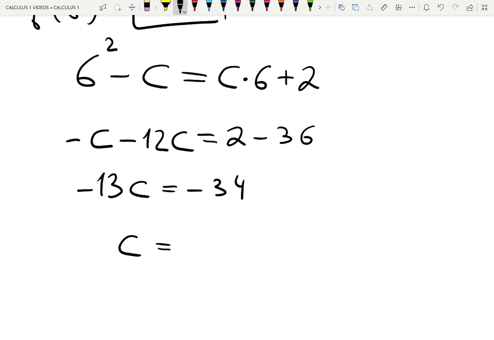Is that correct? I'm checking quickly with my notes. Minus 36. Yeah, it looks correct to me. So it's going to be negative 34 divided by negative 13. Thus, it is 34 divided by 13. And that will be the solution for the c we are looking for.